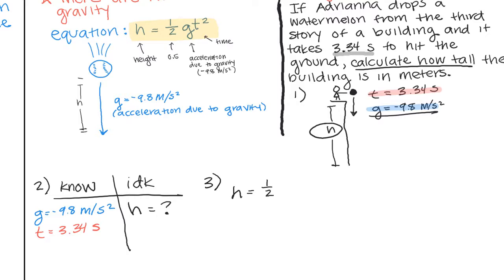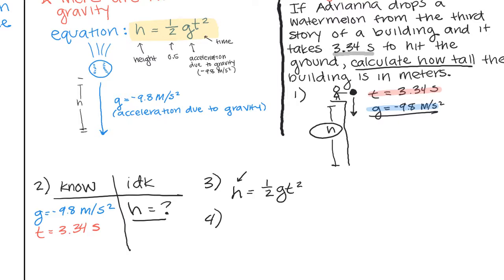The height is equal to 1/2 GT squared. Normally, we would need to look at this and make sure that the variable we are solving for is by itself on its own side of the equal sign. Again, we are solving for H. That equation looks good. H is all by itself on its own side of the equal sign. So we are good to go and start plugging things in.